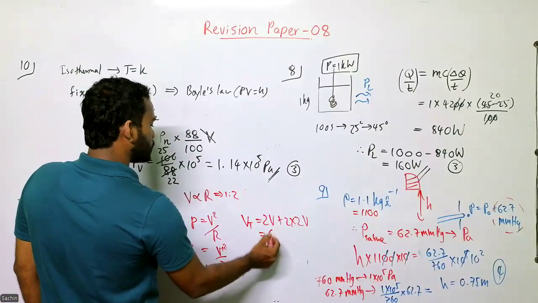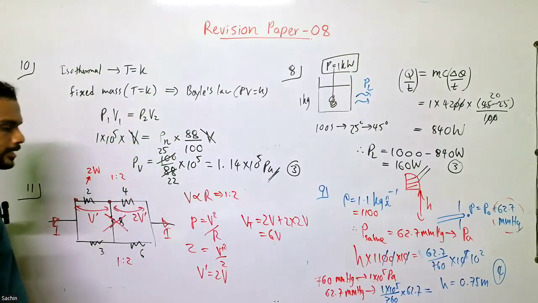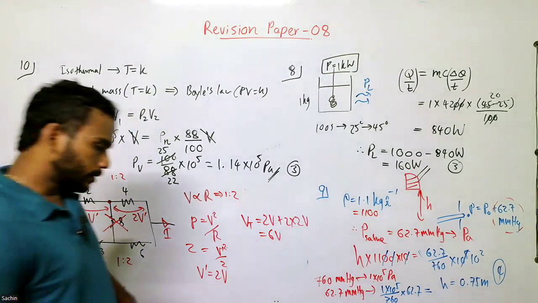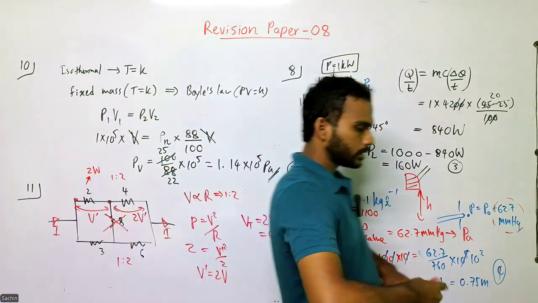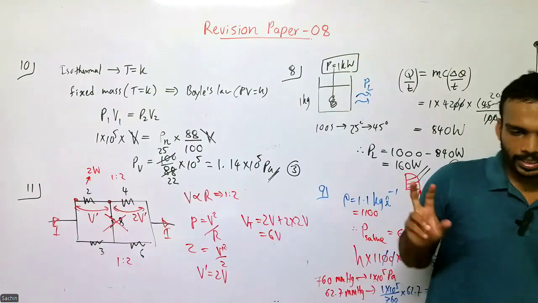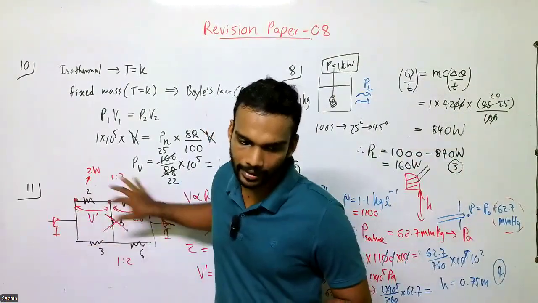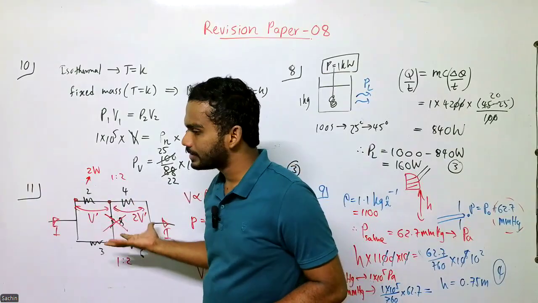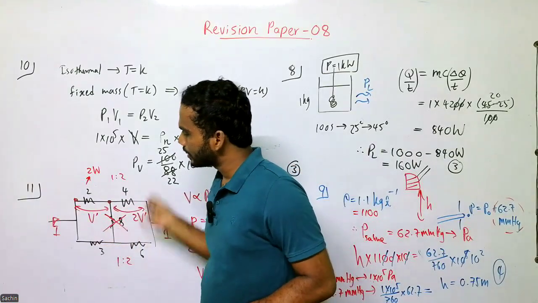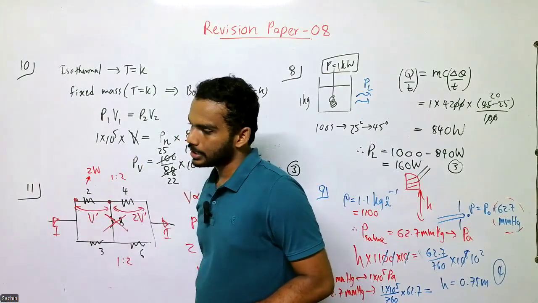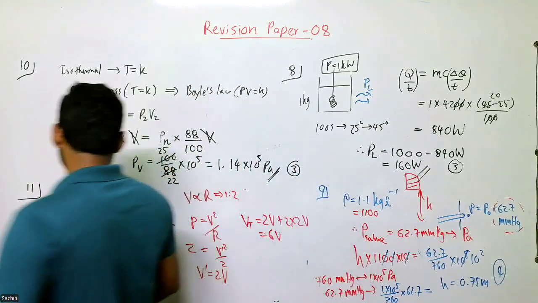This altogether is 6 volts, and the total voltage is 6 volts. Okay, to evaluate the total power, you can't do it with only the total voltage, but you require the total resistance for this circuit, right? The effective resistance which can replace this whole circuit is called the equivalent resistance.